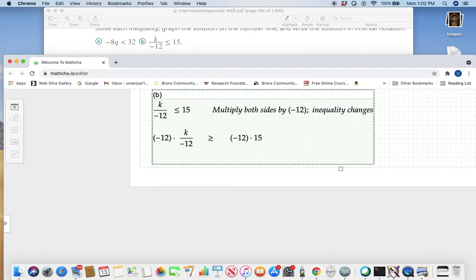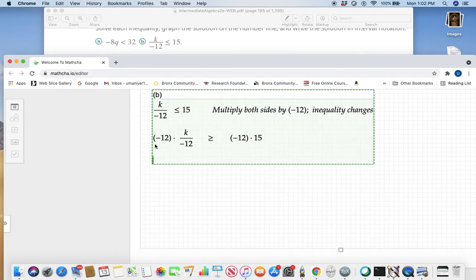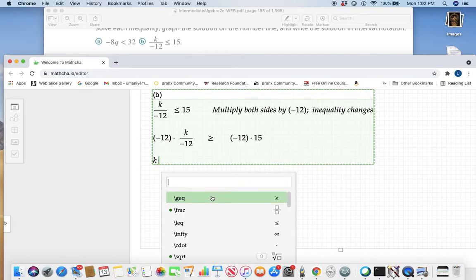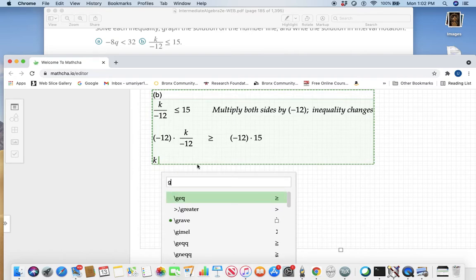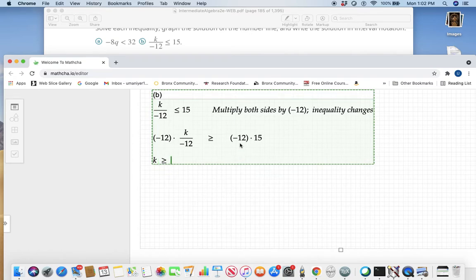Okay, so this gives us negative 12 cancels the negative 12. I have k here, and greater or equals negative 12 times 15. That is negative 180. Okay, check my work.